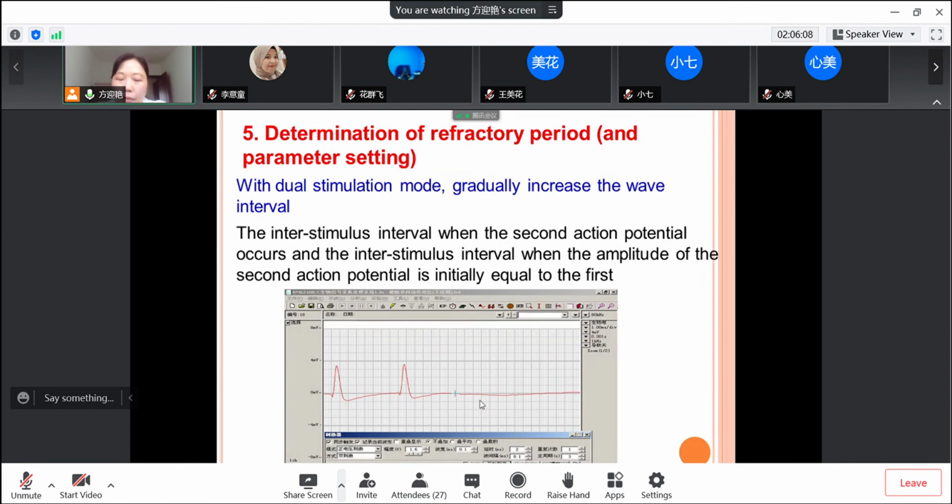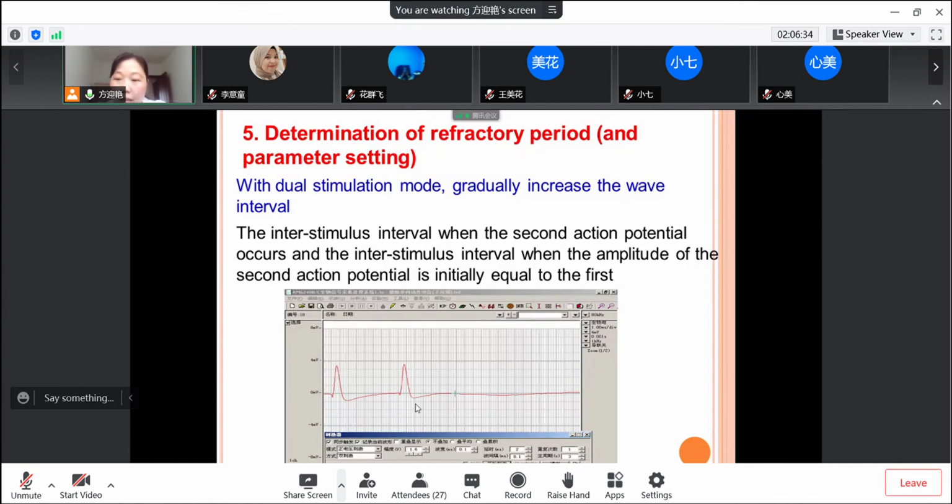stimulations. We can see here that this is stimulation one and stimulation two. And the interval between the first and second stimulation is very long, higher than the refractory period, so this can lead to an action potential being produced. And then we can see the first stimulation action potential and the second stimulation action potential.